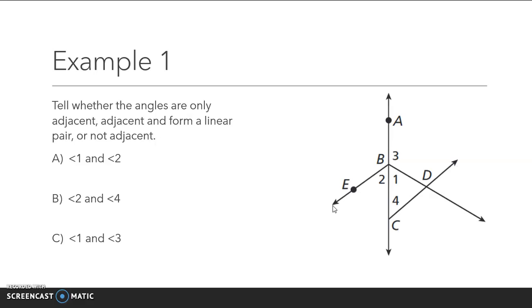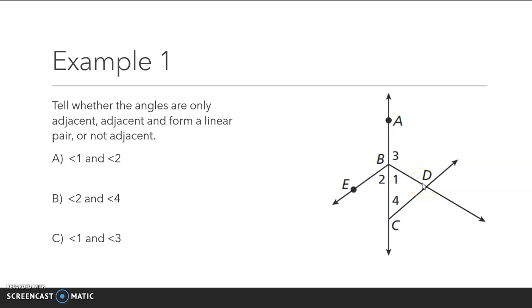To determine if they are adjacent and form a linear pair, or if they're not adjacent at all, what we do first is find our angles and find their vertex. Notice both angles have B as their vertex, and they share this side, BC. So they share a side, and these other rays that come out and make angle 2 or angle 1 do not form a straight line.